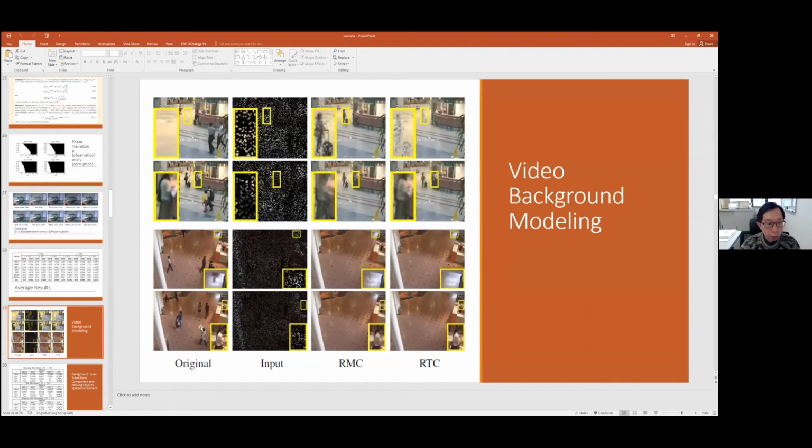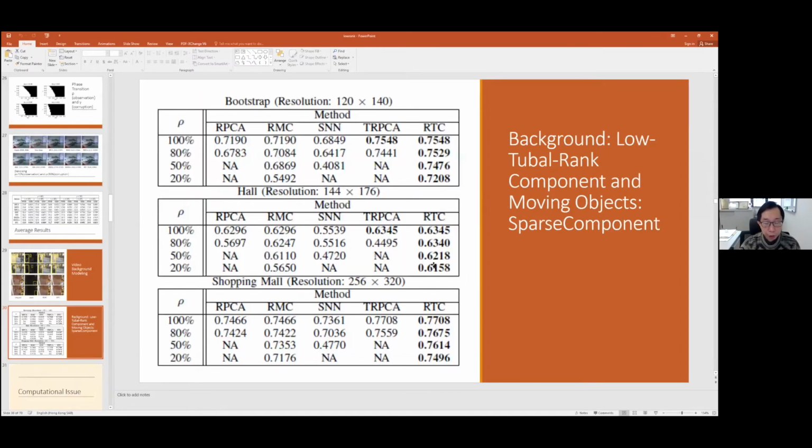This is the input image and the original, so that you can compare the visual results. Our results are much better than the other methods. In terms of accuracy, you count the foreground and background, and you can see how good the counting is at different observation rates, and also the accuracy result.